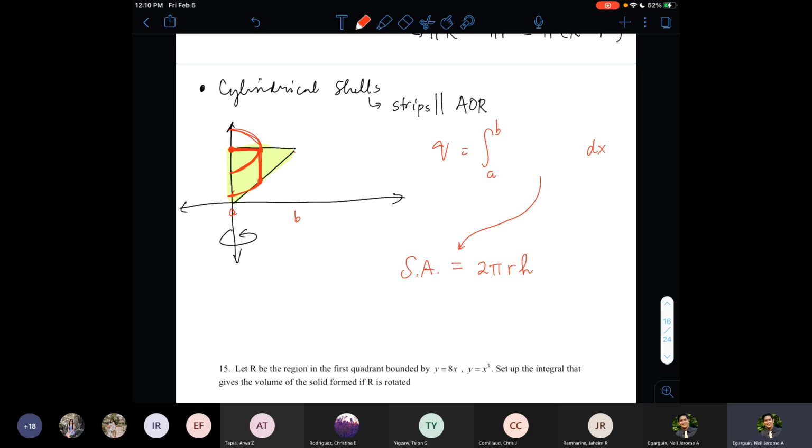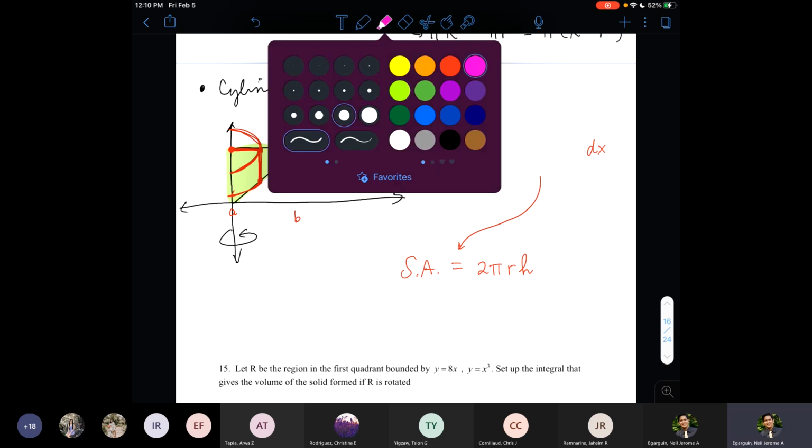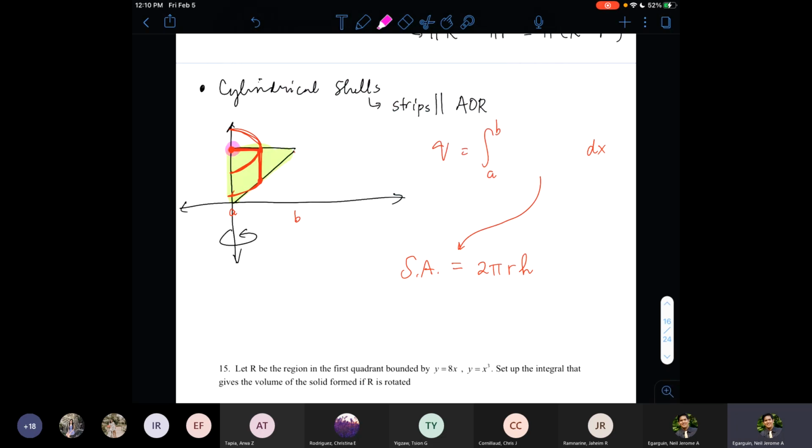And now we need to compute the formula for the surface area. It's 2 pi radius times height. But we need to measure the radius of the cylindrical shells. Well, if you look at the figure, the radius of the cylindrical shell is from here until there. Now, I hope you will remember this convention. Whenever measuring something from the y-axis to the right, that's always x units.